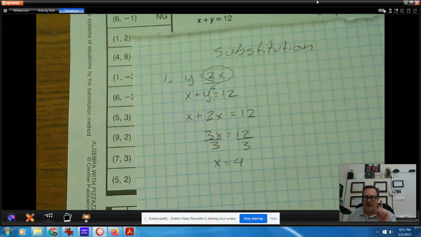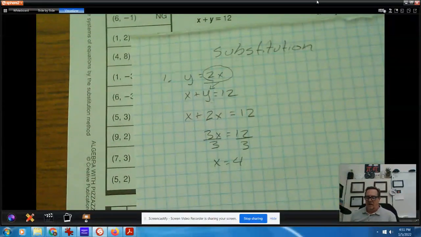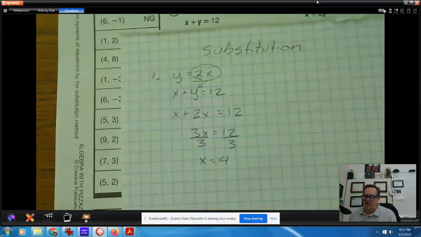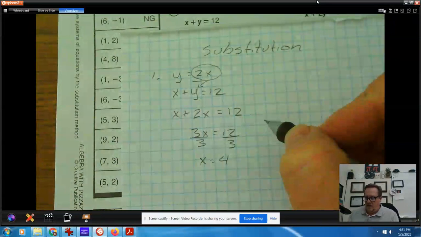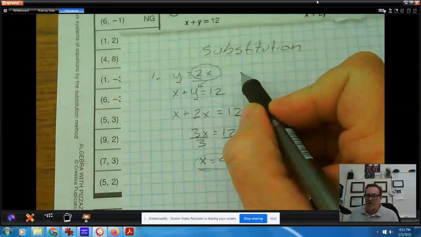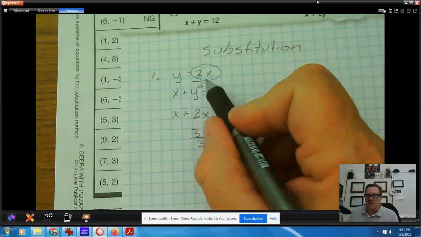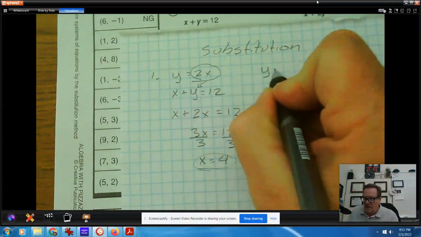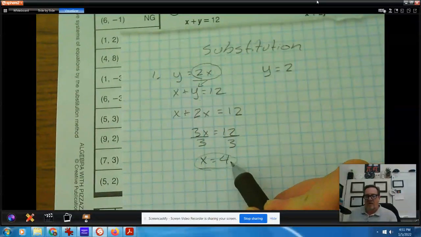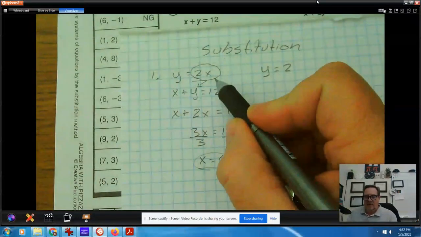Now that gave me an x, but it didn't give me the y yet. So there's a second part to this, and here's how that works. Since x is 4, I'm going to go back up to this equation where it said y equals 2x, and I'm now going to substitute this in for my x.